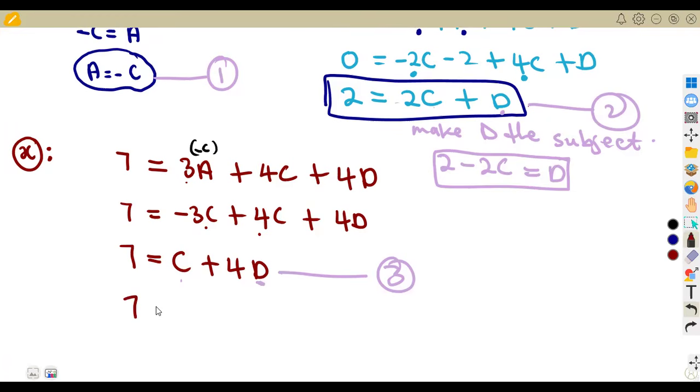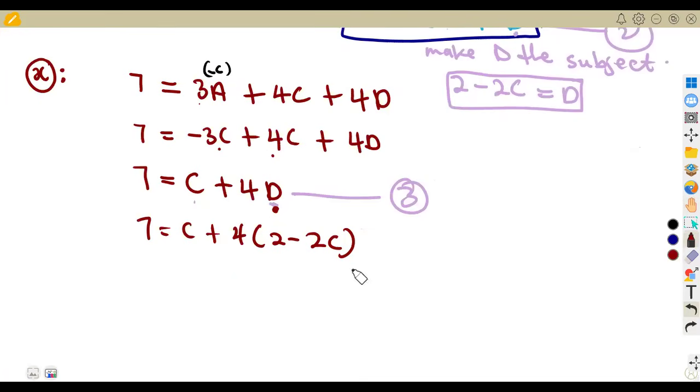So it will be 7 is equal to c plus 4 into d in terms of c, which is 2 minus 2c like this. All right, so there we can solve for c. So 7 is equal to c, expand the bracket. So this will be 4 times 2, which is 8, and 4 times this, that will be minus 8c.